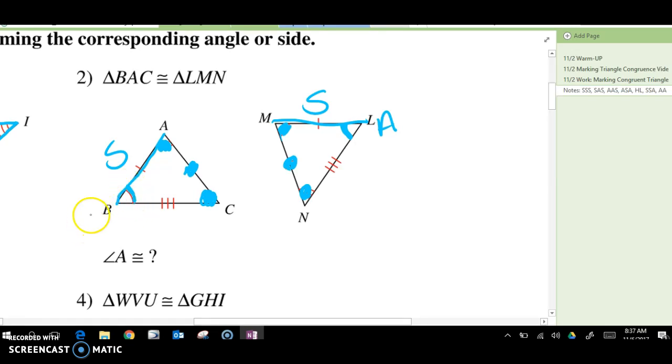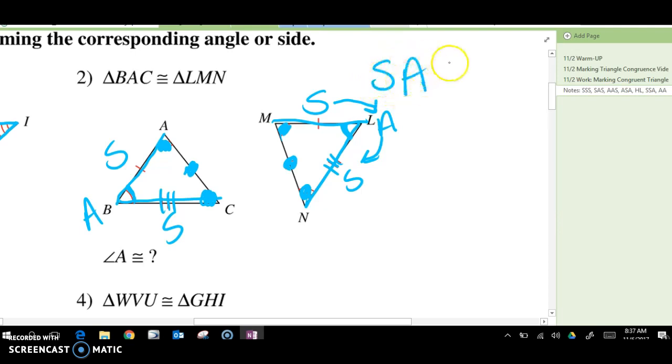B, very good. So I have another angle here. And then I have BC is congruent to, yes, LN. That's another side. So right now I'm going to read this in order, starting from here, going to here, going down to here. I have a S, A, and an S. So I know that this triangle is congruent as well because of the triangle congruent postulate SAS, side, angle, side.